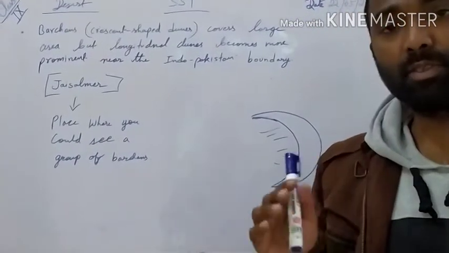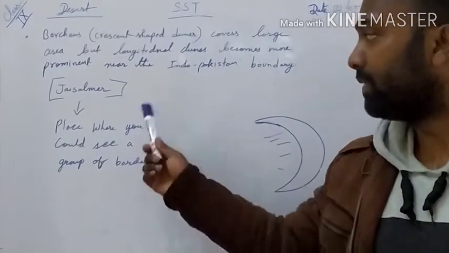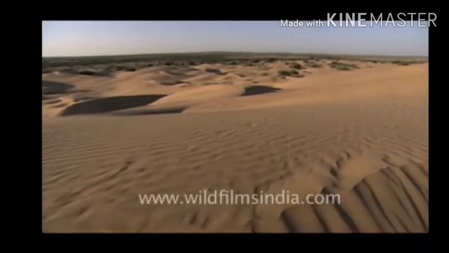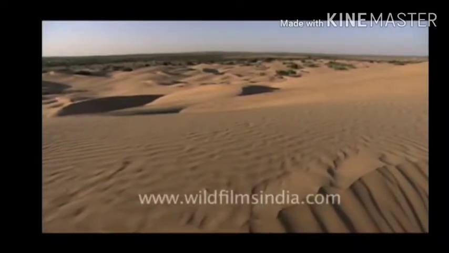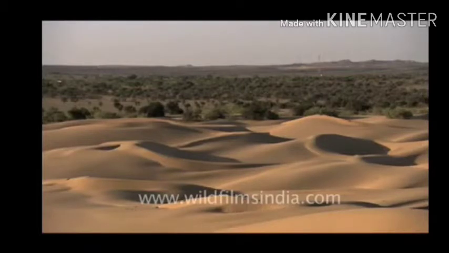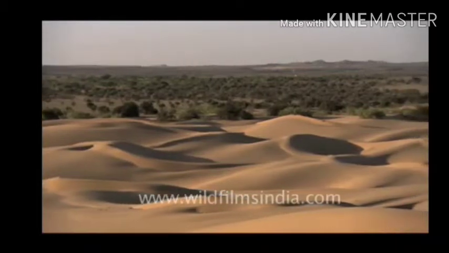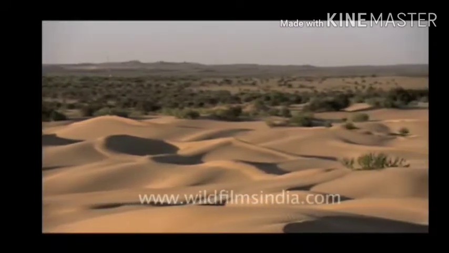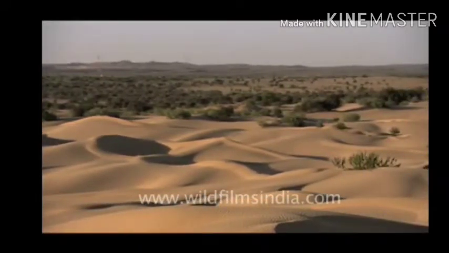Jaisalmer is one of the most beautiful cities of Rajasthan. If you visit Rajasthan, do visit Jaisalmer, where you can find the barchans. A group of barchans can be seen in the place called Jaisalmer of Rajasthan.